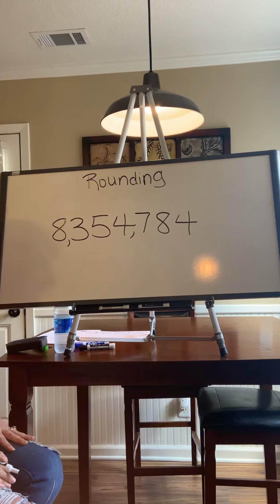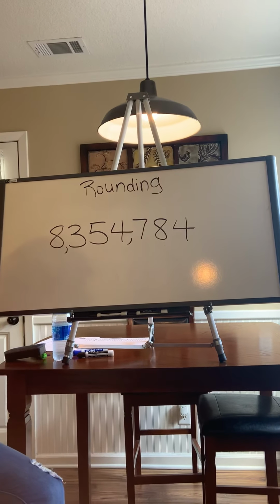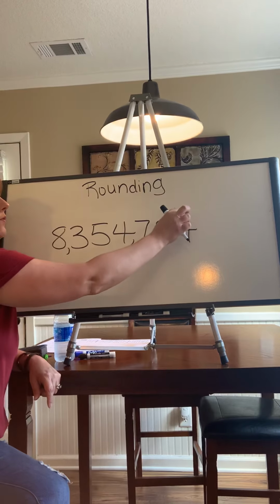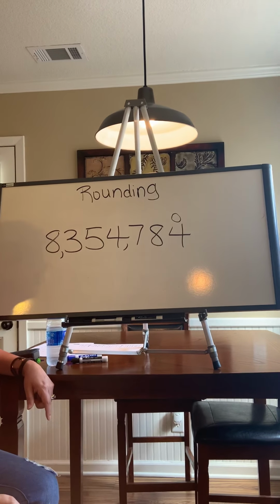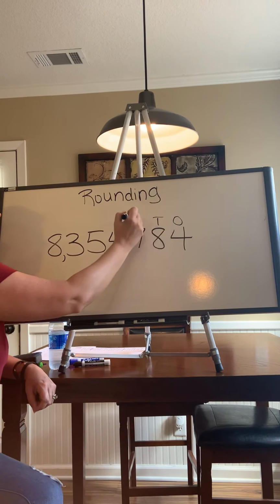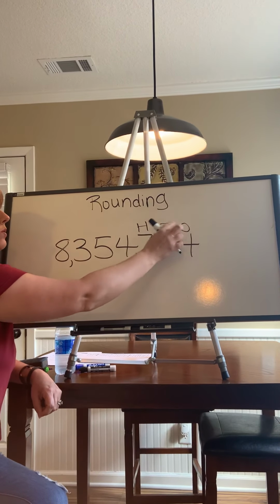One thing that I taught was to start with the ones place and label it with an O. That stands for ones. And following that pattern, we're going to do T and H. That's our pattern, O, T, H.